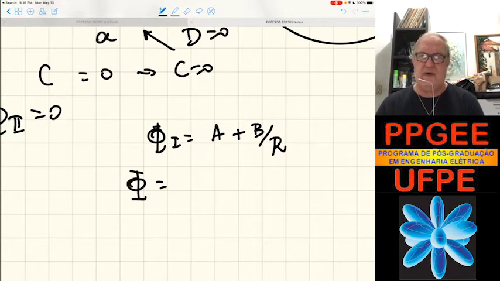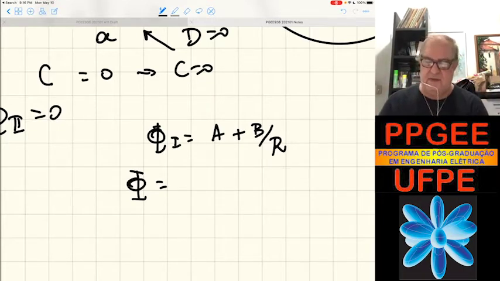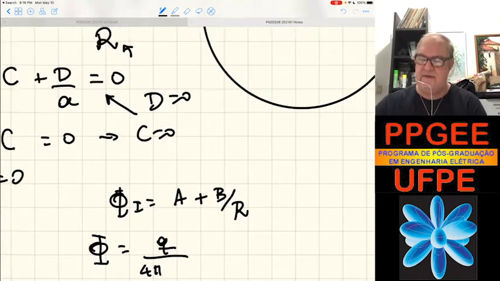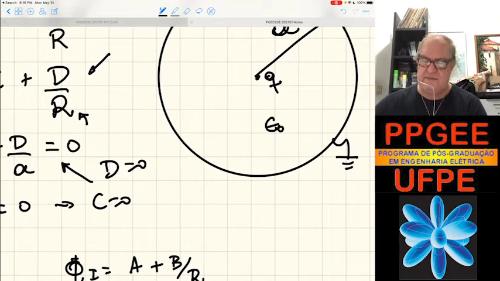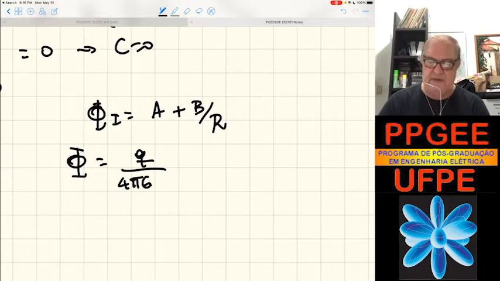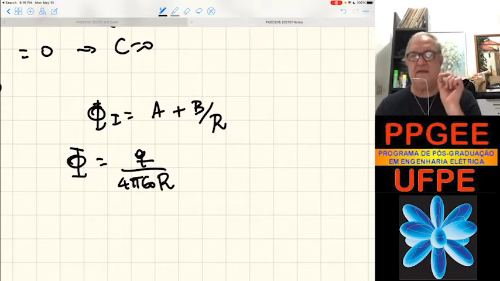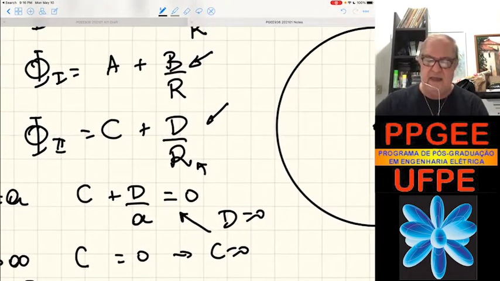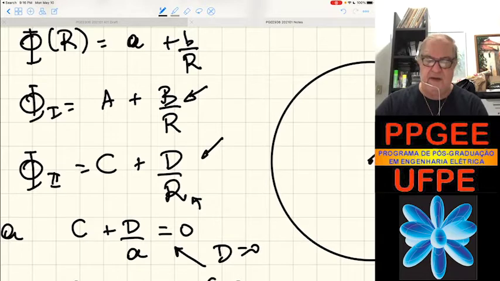I mean, we could calculate using Poisson's equation. We did that already, right? So if we just had a point charge in an open region, that would be Q over 4 pi, I think. Yeah, I'm assuming that the permittivity is that of vacuum, epsilon 0. So it's Q over 4 pi epsilon 0 r, single charge. But the potential has to be 0 at r equals a, right? So the B in this example here is Q divided by 4 pi epsilon 0.